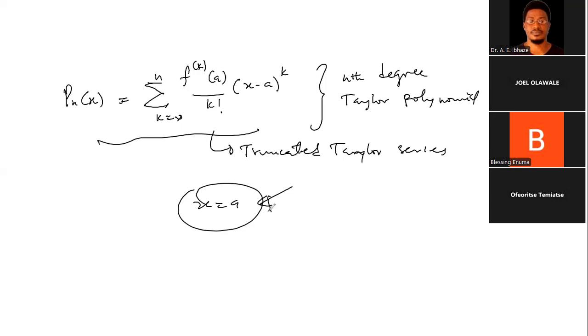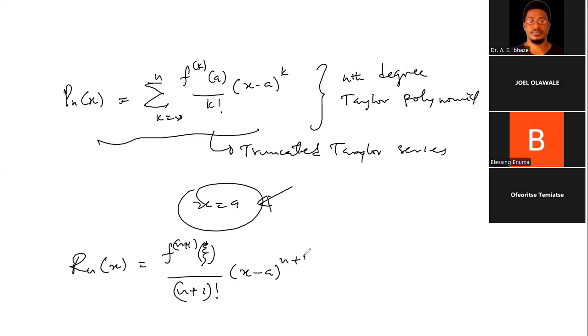The error introduced by the truncation is given by the Lagrange remainder term, which is described as R_n(x) equals f to the n plus 1 of theta over n plus 1 factorial, times (x minus a) to the n plus 1, for values of theta taken from a to x.